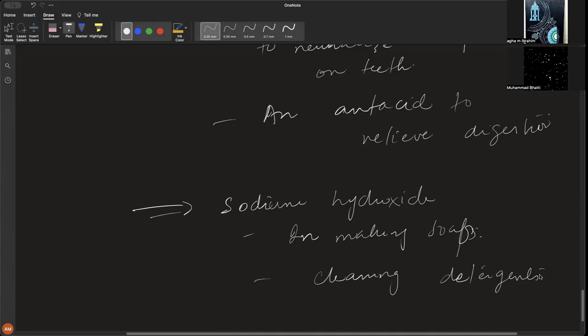Because of their alkaline property, all of these characteristics are because of their ability as alkalis. All right. Any queries?